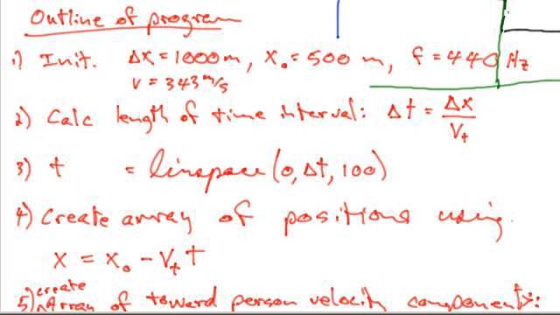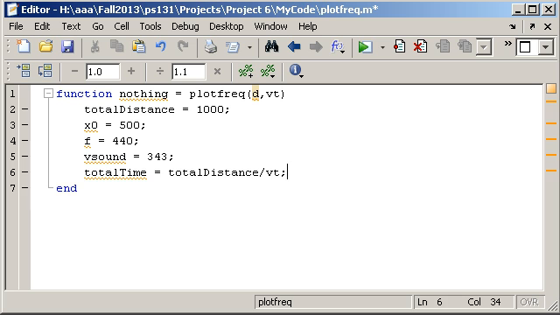And then t, set up our time array. I think I will keep the array name simple, t equals, and then linspace 0, comma, total time, comma, see what looks smooth with 100.